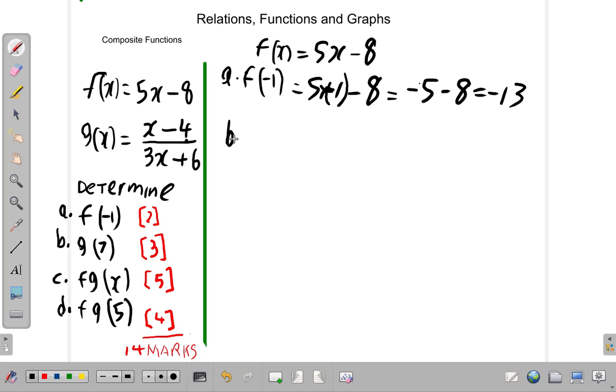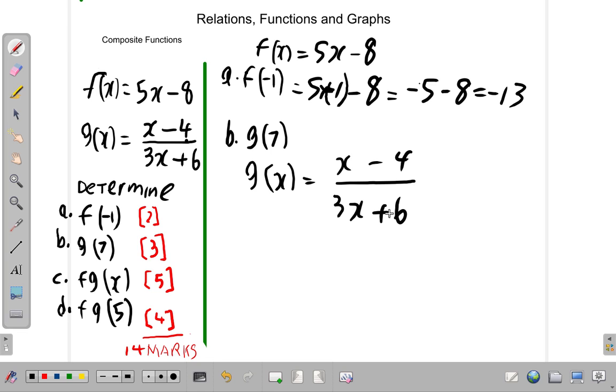Let's look at B, g of 7. Now remember that g of x was x minus 4 divided by 3x plus 6. But now what we want is g of 7. So we're going to have to change the x's to 7 to get g of 7.